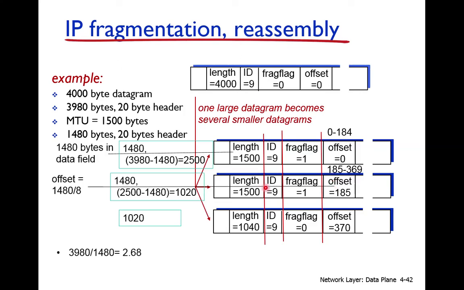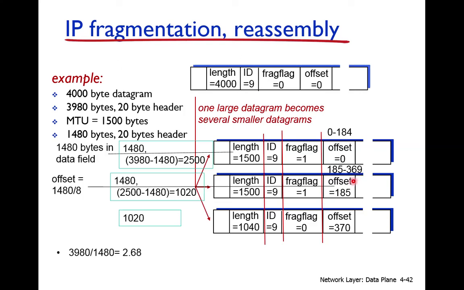And how long? 1480 is the data size in this packet, divided by 8 it becomes 185. Since it starts from offset 185, it goes to 184 plus 185, which is 369. So it has the data starting from offset 185 till offset 369.